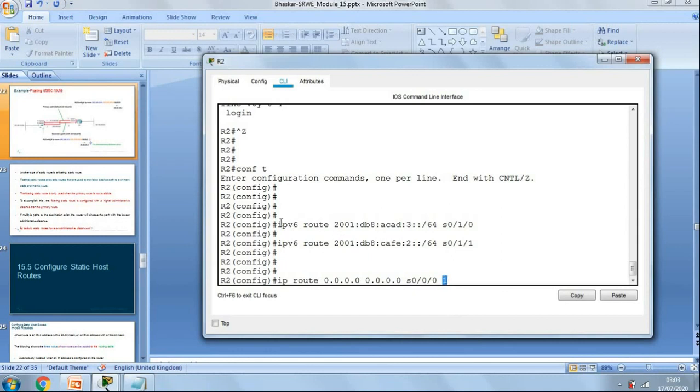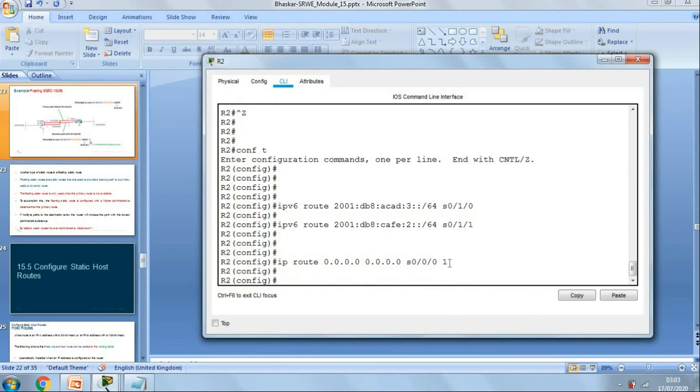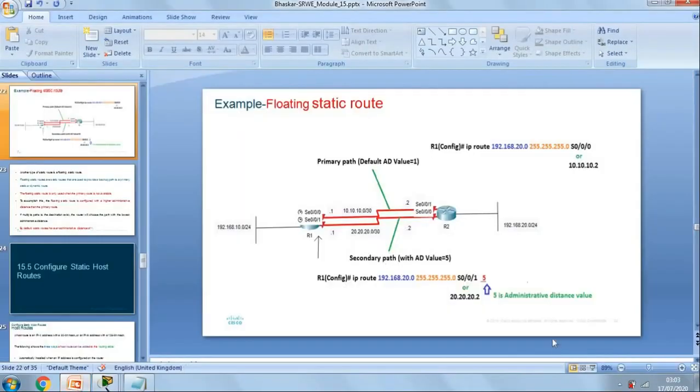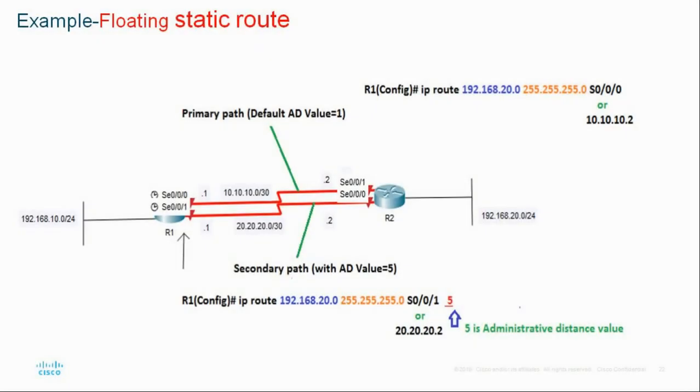For example, if you don't assign anything to this static route, by default it is 1. If you want to give 1, it is also correct, because the default administrative value is 1. That is the primary path. So back here, this is serial 0/0/0 followed by 1, but mostly we are not going to assign 1, because by default it is 1. That's why we leave it empty.